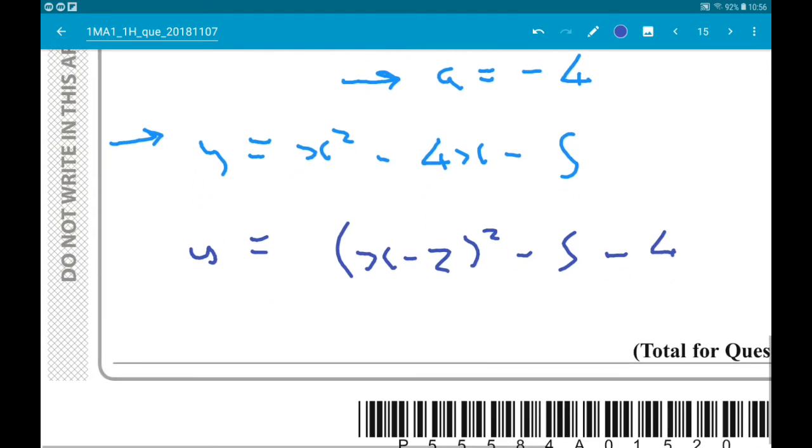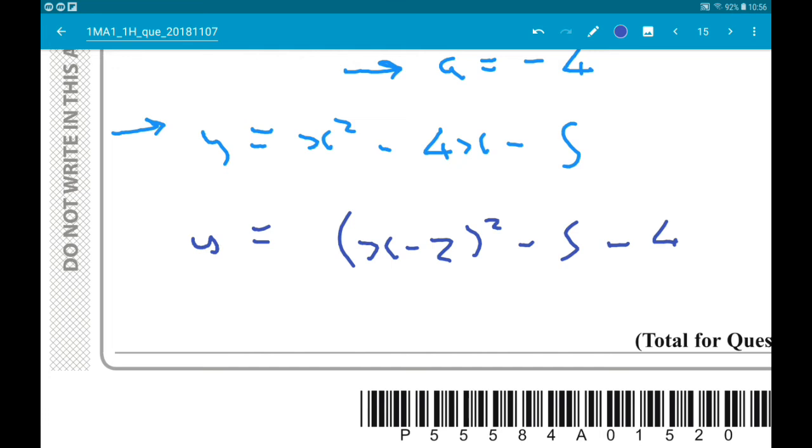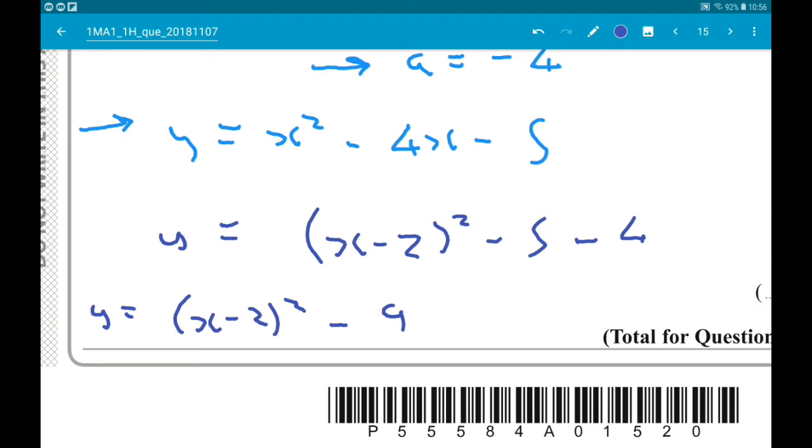So, in completed square form, y is x minus 2 squared minus 9. So the turning point coordinates are (2, -9).